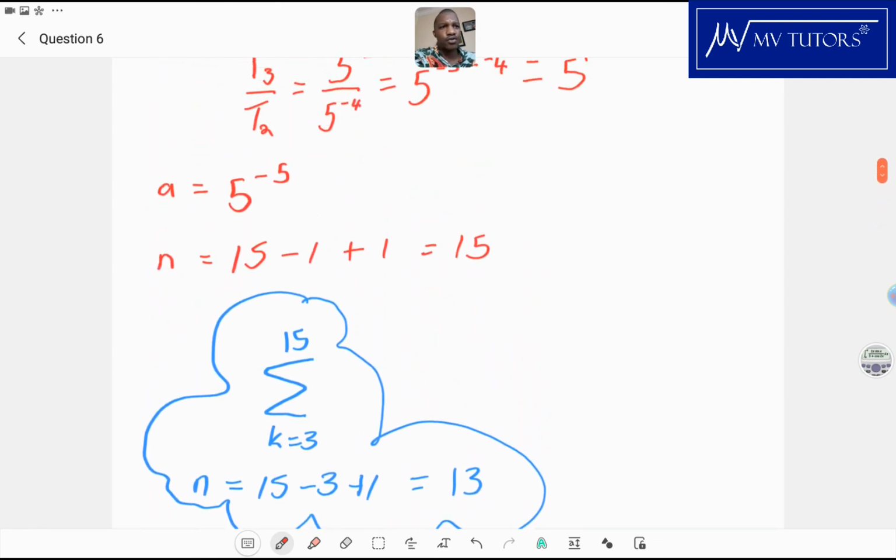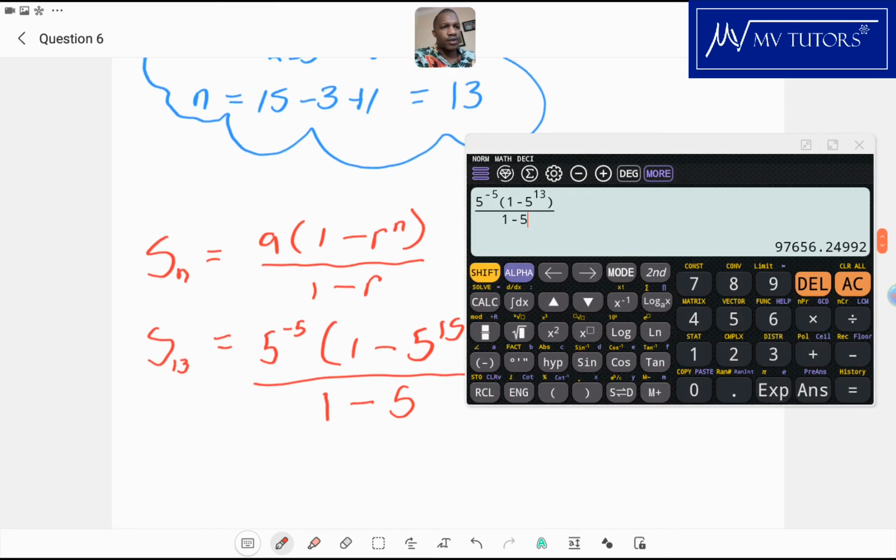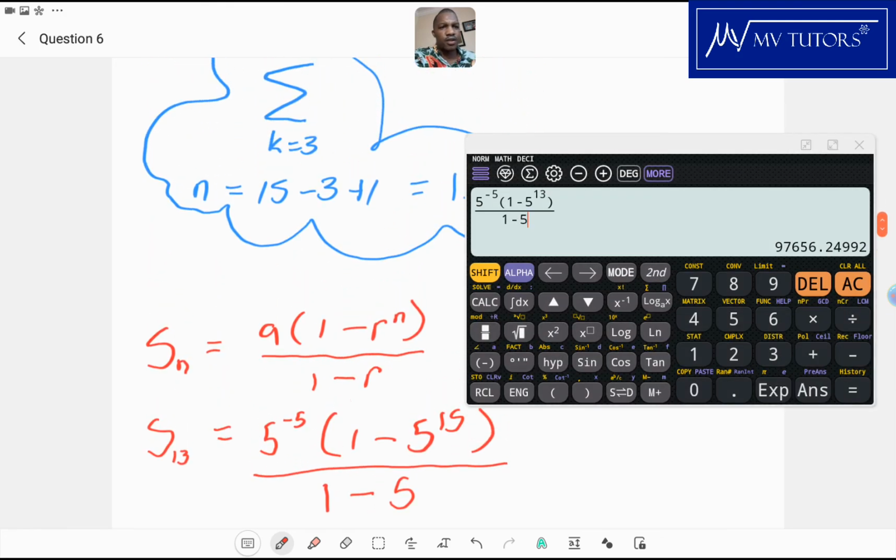The actual one, it should be n is 15. Okay, so here instead of 13, we should have 15. Okay, so it's okay to make mistakes. The thing is to go back and correct them. That's why I'm not gonna edit this.